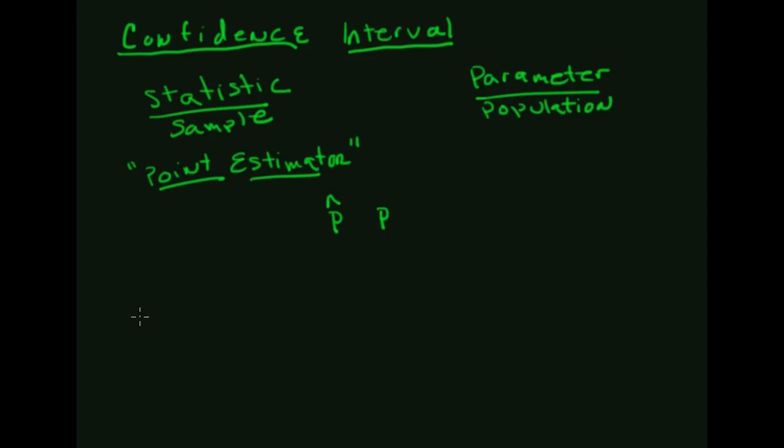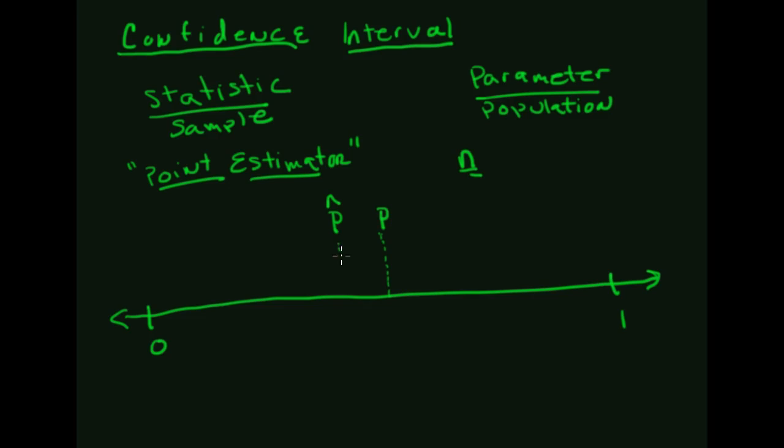If this is the number line, the proportion has to be somewhere between 0 and 1 because you can only have 100% of something. If the actual population proportion is here, we would expect that if I took a sample of size n, the proportion of the sample is going to be relatively close to that value.